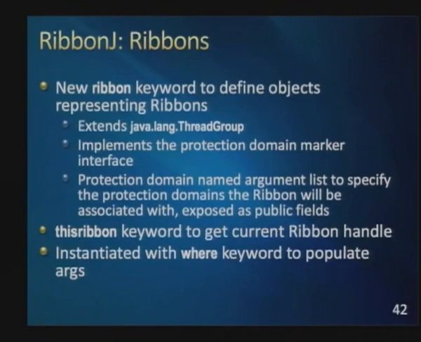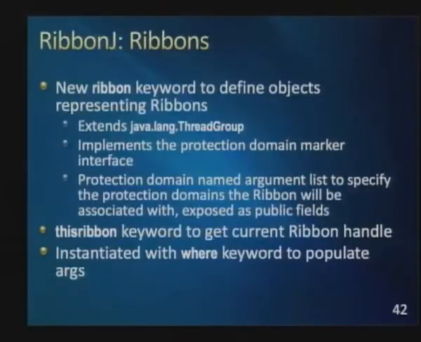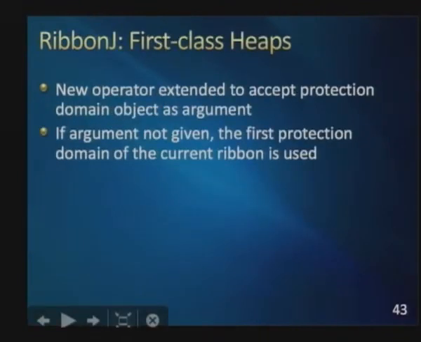Similar to protection domains, it will accept a named argument list of protection domains that it's going to live within. The first protection domain on this argument list is called the default domain. Any allocation that happens that's not annotated will be put onto this default domain. Similarly, to get the current ribbon context, you've got this ribbon call.